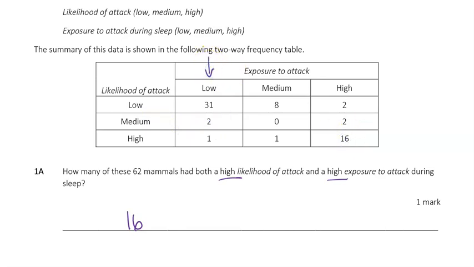So you're looking at that one single column to convert. So out of the total of 34 in the low column, we're converting that percentage, 31 out of 34 multiplied by 100 to get your percentage values. And then we repeat that in our medium column out of 9 and our high column out of a total of 20.